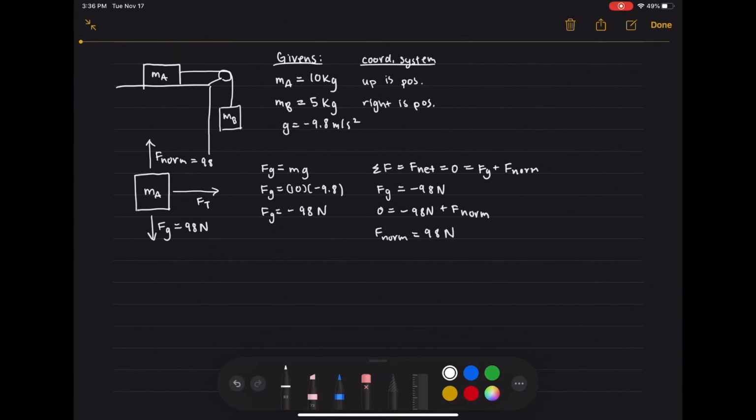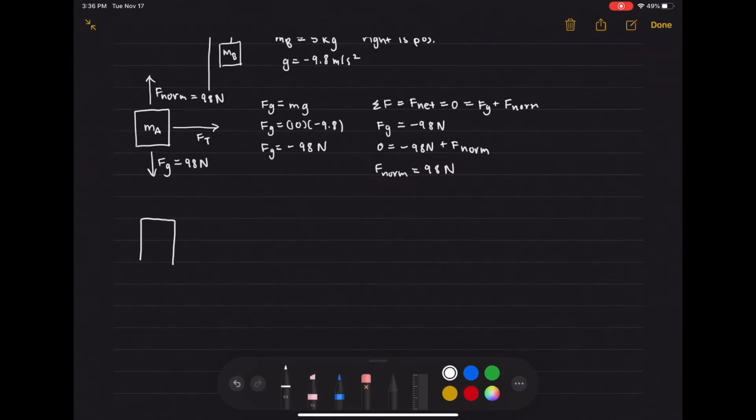Now we will be drawing a free body diagram for block B. The forces acting on it are force of gravity and force of tension from the rope. We will use the same process as before to calculate force of gravity by plugging in 5 kilograms for the mass and negative 9.8 meters per second squared for gravity, and we get the force of gravity equals negative 49 newtons.